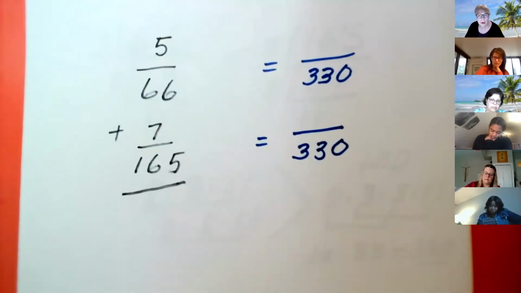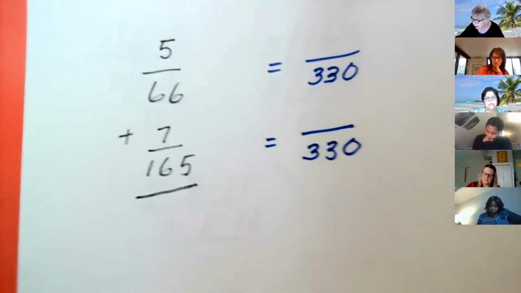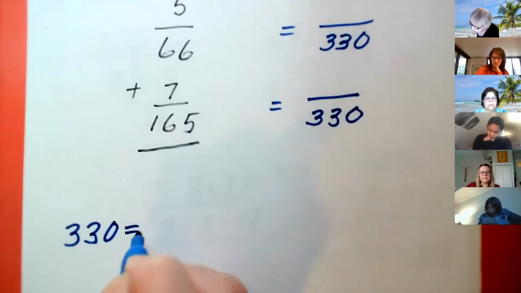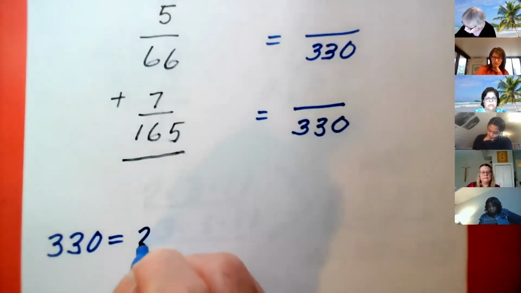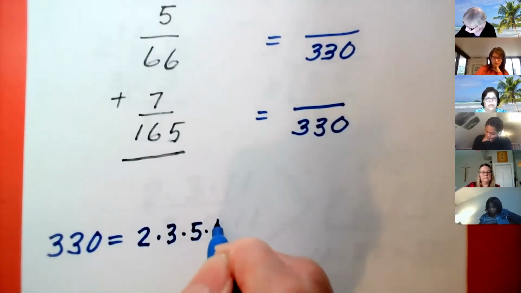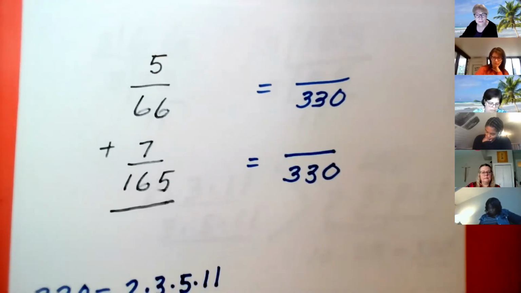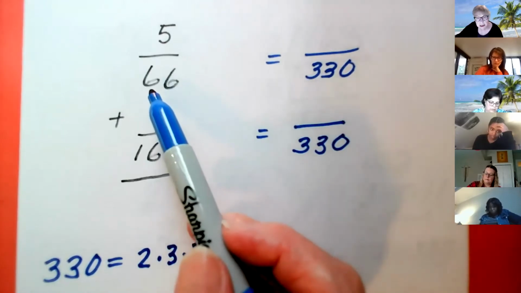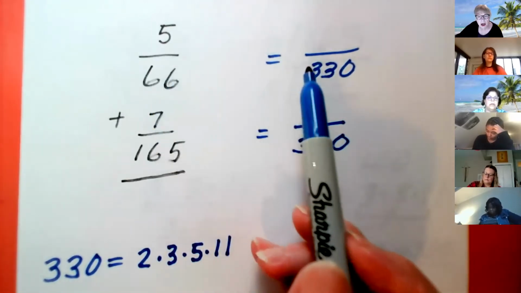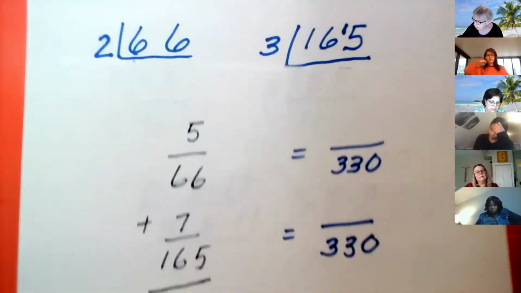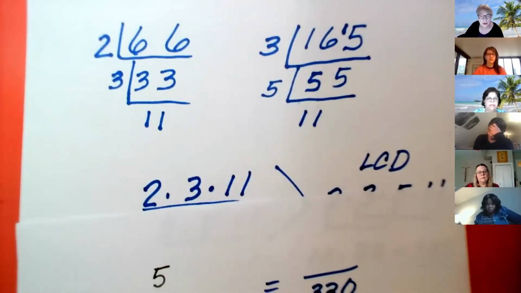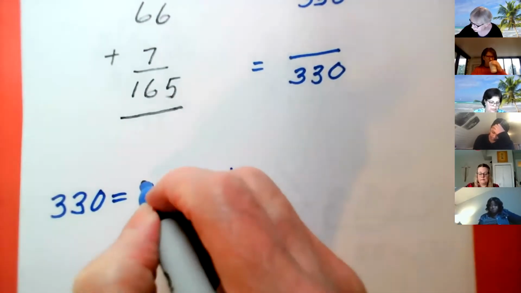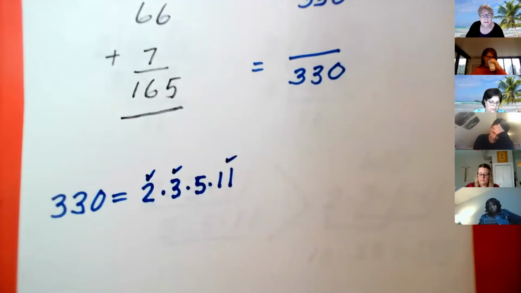Okay. So here's the part I wanted to show you. 330 was made up of one 2, one 3, one 5, and one 11. So if you recall, 66 goes how many times into 330? Well, 66 was a 2 and a 3 and an 11.